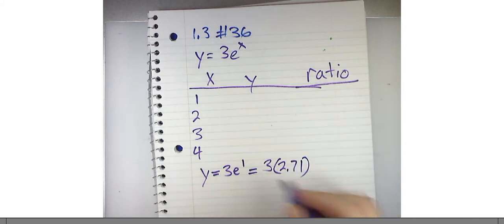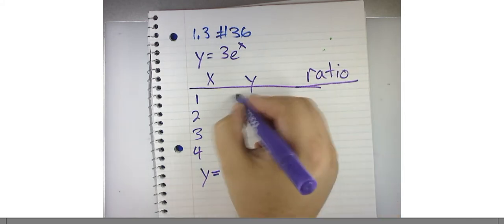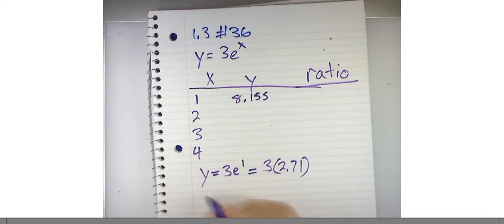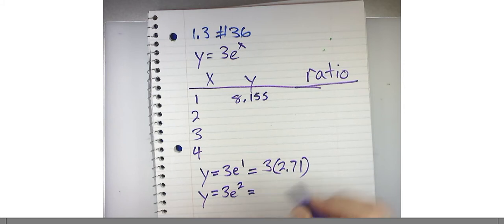So when I plug that in that way for my y value, I would get 8.155. And so then if I let x equal 2, 3e to the 2, that would give me 22.167.